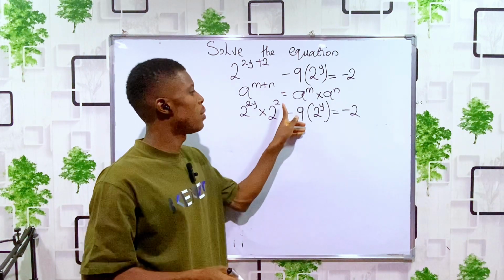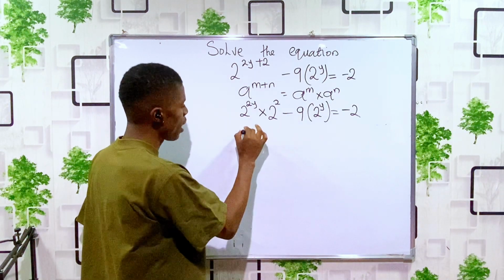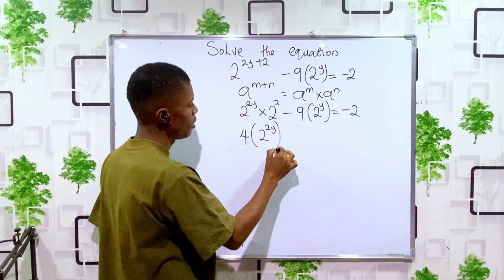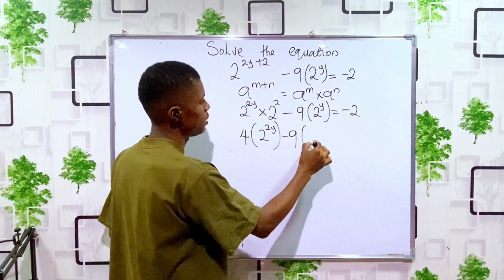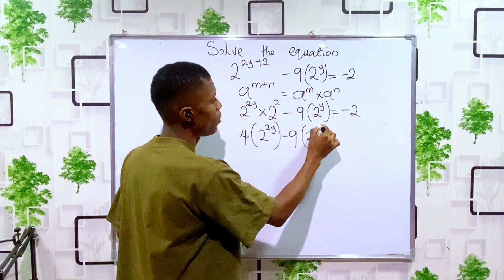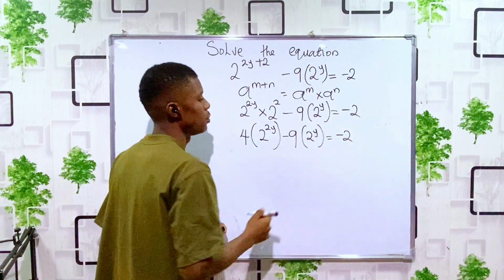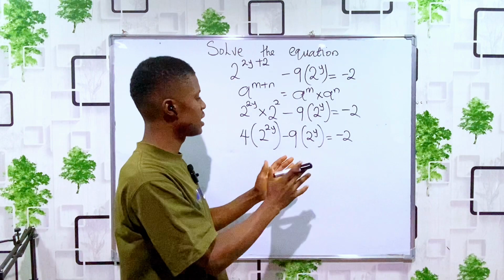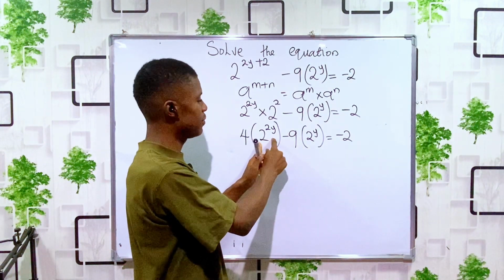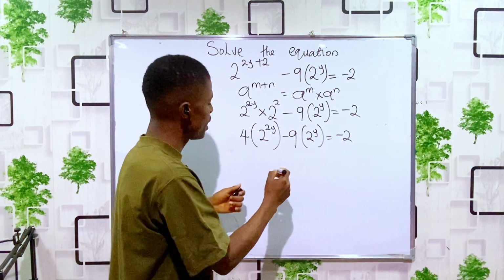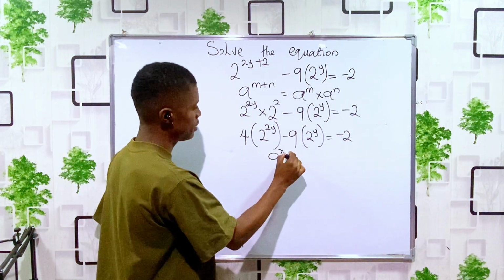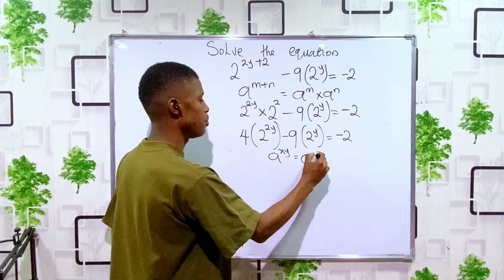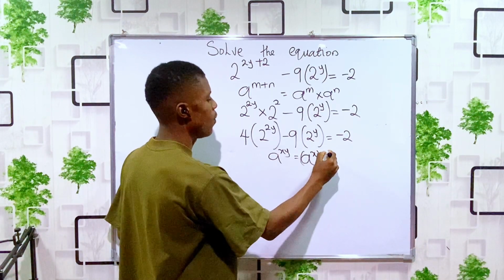And you know that 2 to the power of 2 is 4. So we are having 4 into 2 to the power of 2y minus 9 into 2 to the power of y is equal to negative 2. At this stage, you can see that we can express this particular item from the laws of exponents, that a to the power of xy is the same thing as a to the power of x times y.